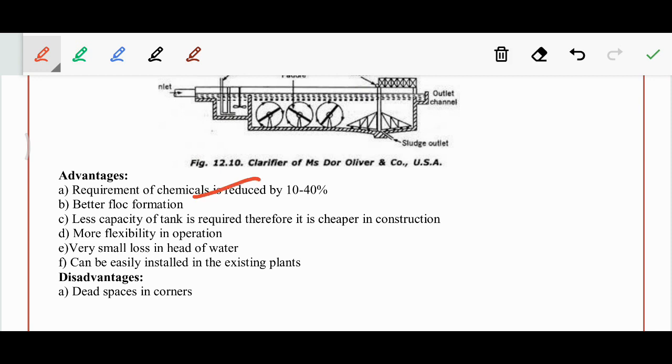Better flock formation: better flocks which can settle down at the bottom. Less capacity of tank is required, therefore it is very cheap. Next, more flexible in operation, it is easy to operate. Very small head loss, so there will be no loss of water.